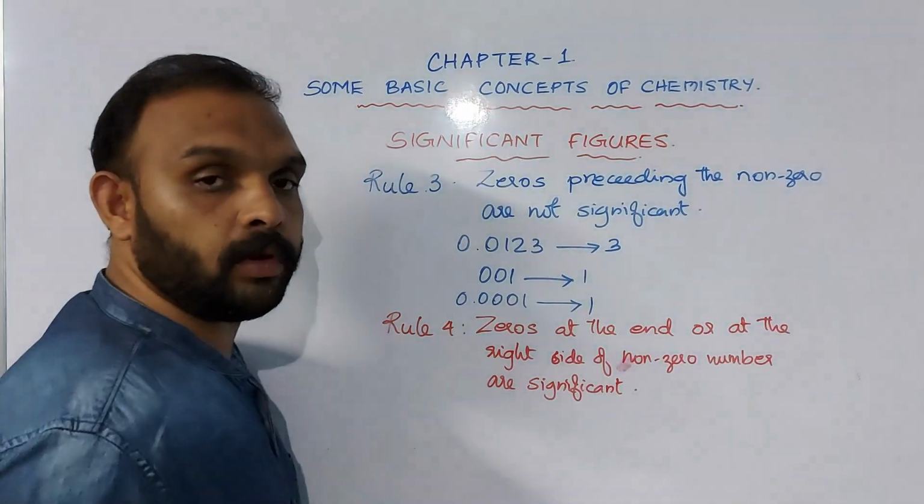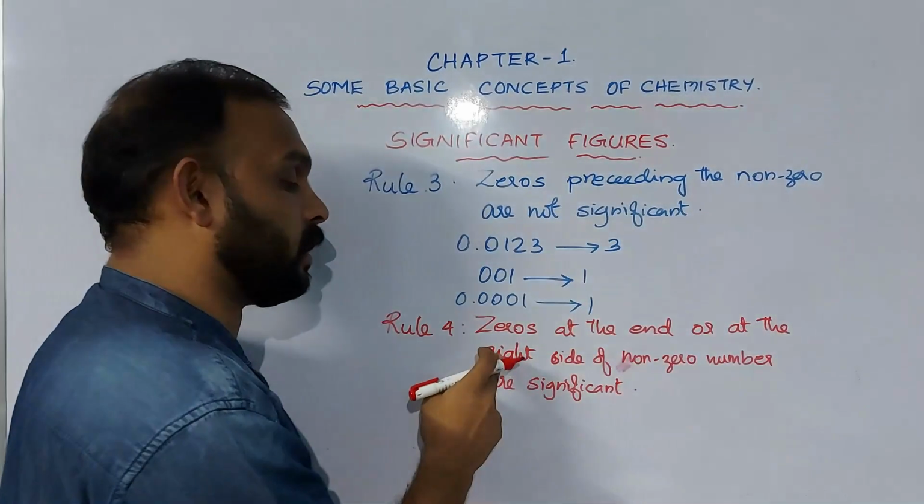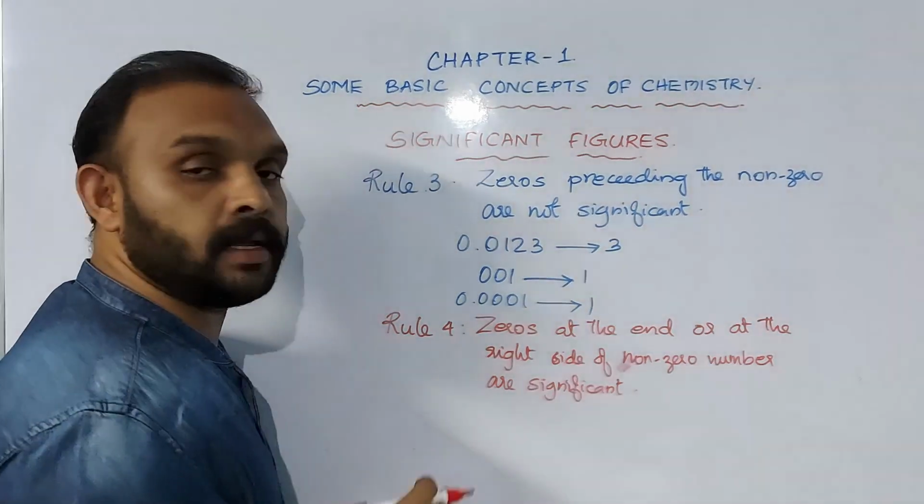So our fourth rule is: zeros at the end or at the right side of a non-zero number are significant.